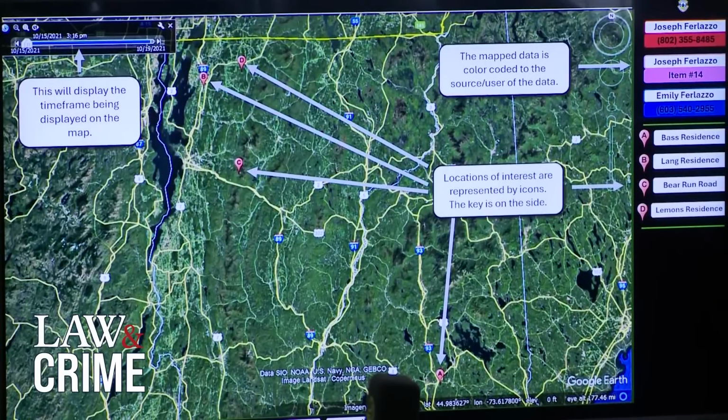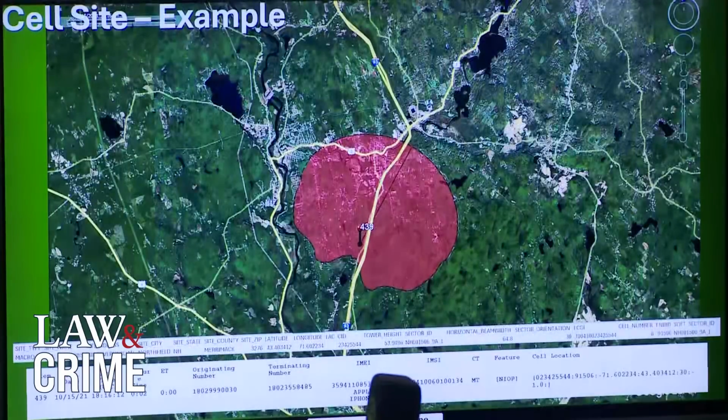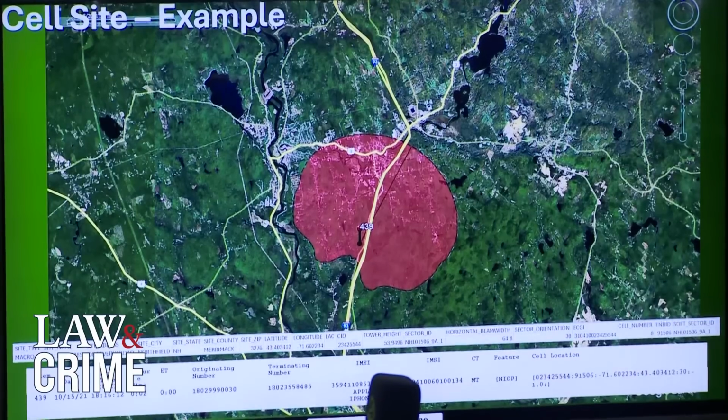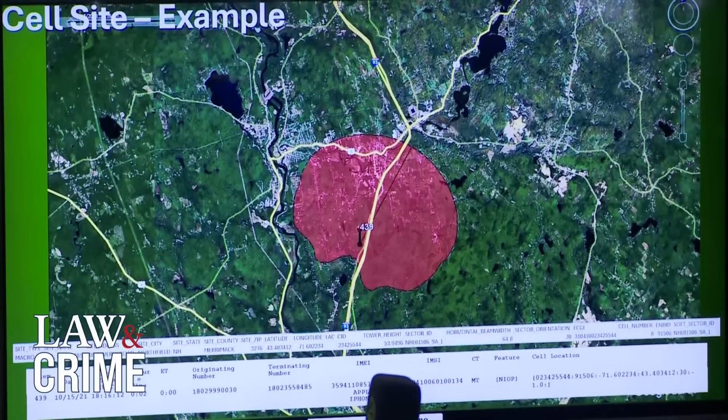So what does it look like when a cell site is used? Down at the bottom of the screen is a snippet of what the original record looks like. This particular one is from the AT&T records that we can see because it's designated by the red color. Above it is a snippet or a screenshot of the corresponding cell site list.